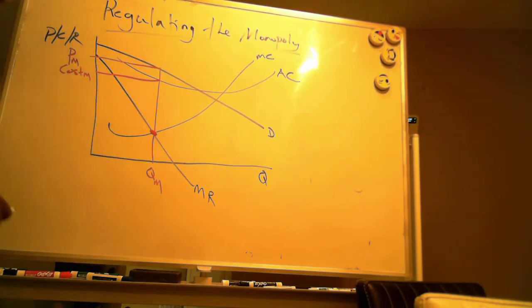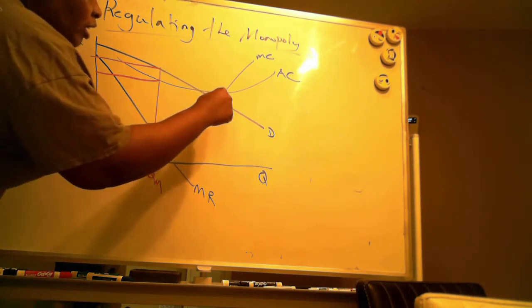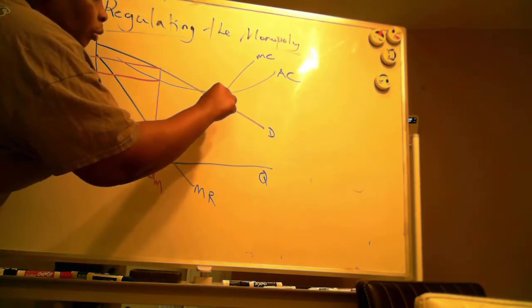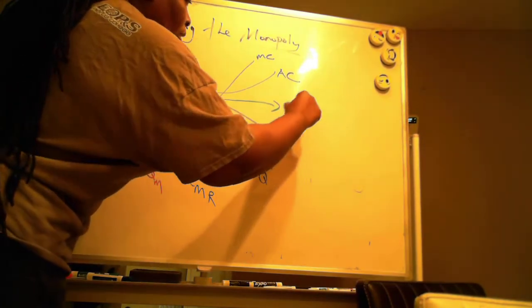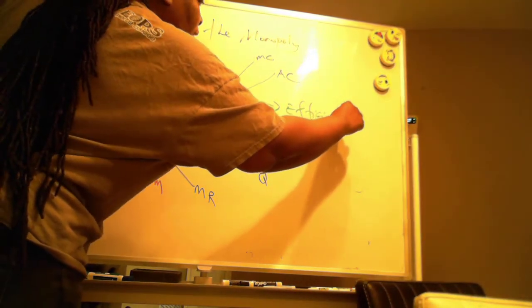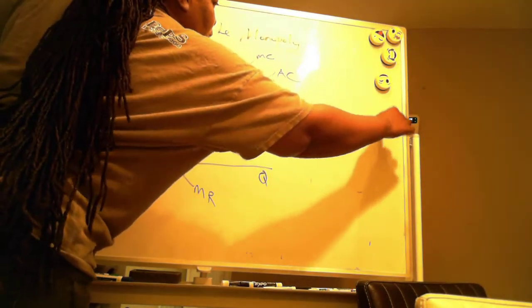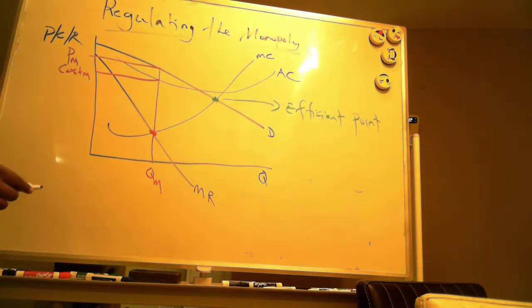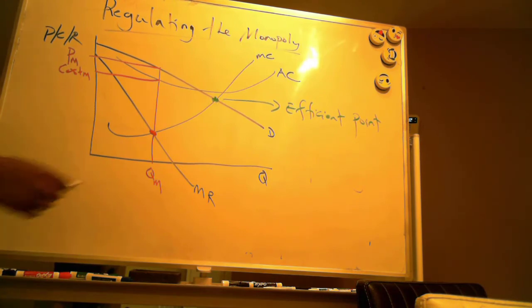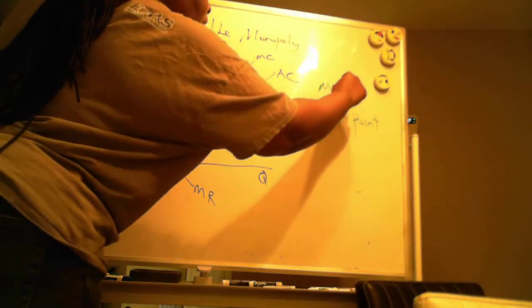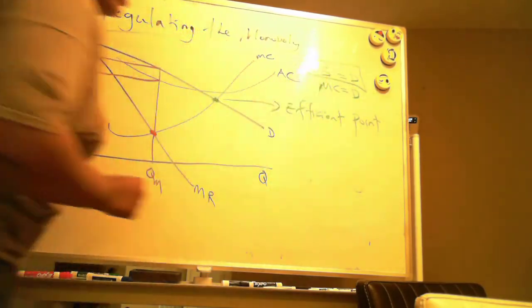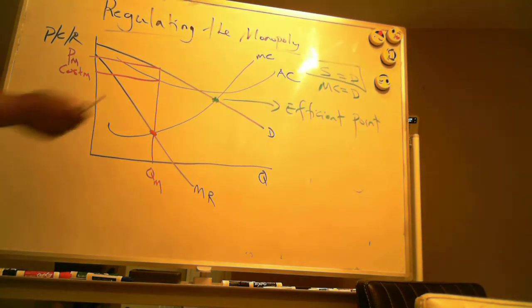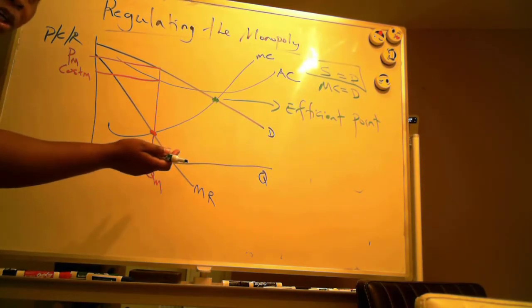Now, where is that efficient quantity? I'll show you. It's right here, where I'm putting this green star. And notice, I'm going to label it for you. I'm going to call it the efficient point. If you're wondering what is happening there, why is that the efficient point? Well, it's because MC is equal to D, or supply is equal to demand. Remember this? Market equilibrium. That's the best outcome you could get in a market.